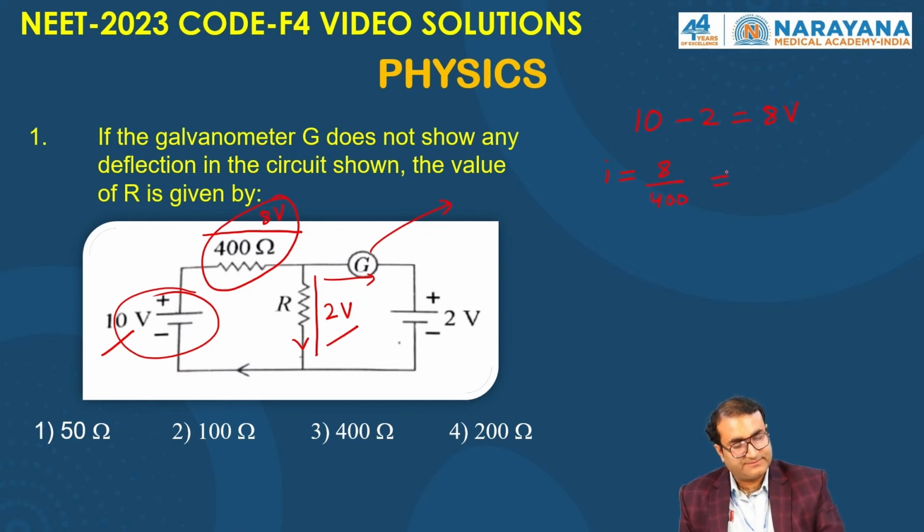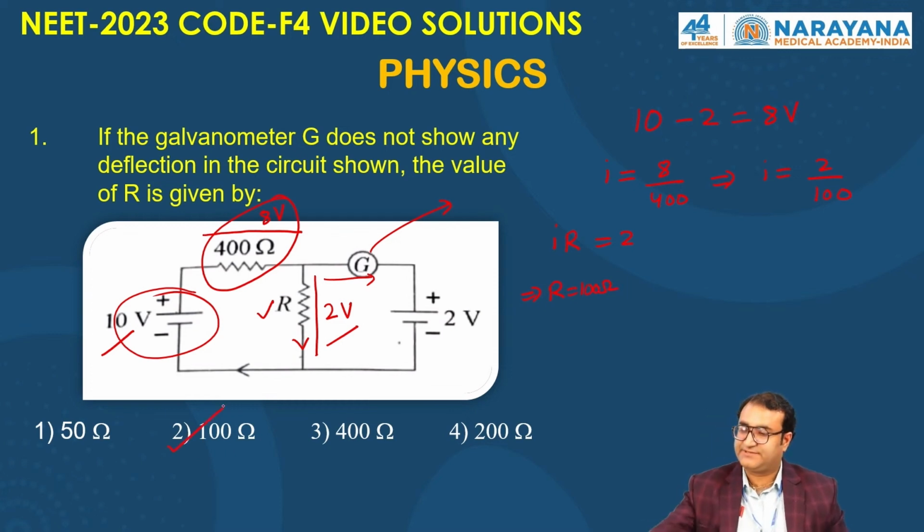So current is 2 by 100. The same amount of current is flowing through the resistance R. So we can write I into capital R equal to 2 volt. From this, resistance will come out to be 100 ohm. Second option is correct.